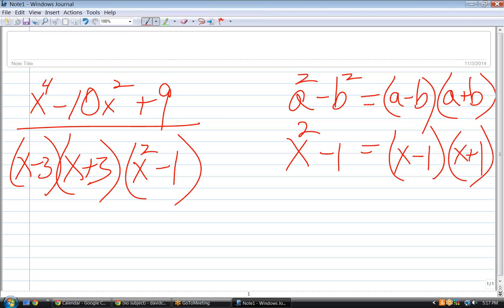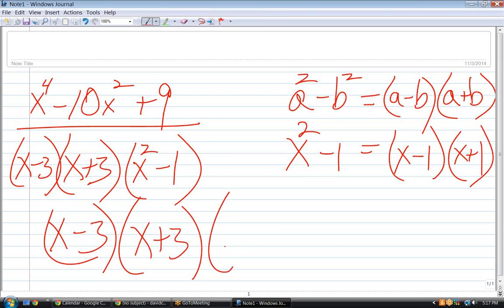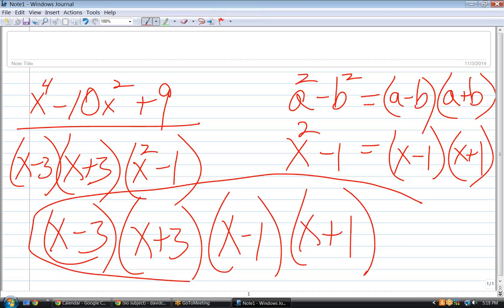Right. That's the only reason. So now I can factor this thing into x minus 3 times x plus 3 times x minus 1 times x plus 1. There are the four factors to that quartic.